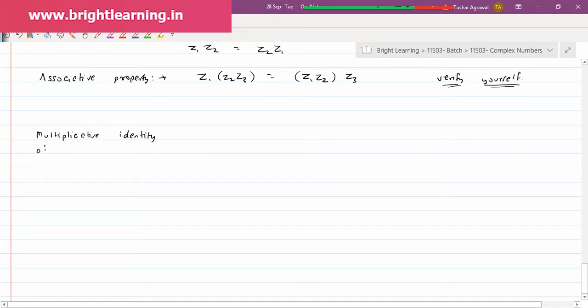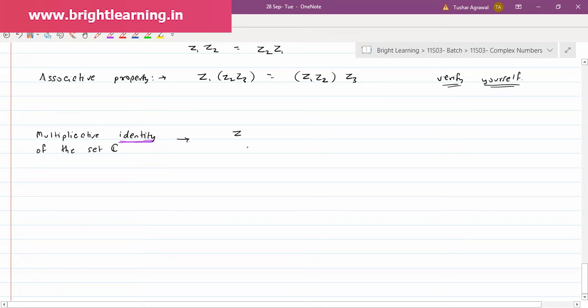Whenever we talk of the identity with respect to the multiplication operation, identity is always defined with respect to what? Identity is always defined of a complete set. Multiplicative identity of the set of complex numbers. So how to define this multiplicative identity?